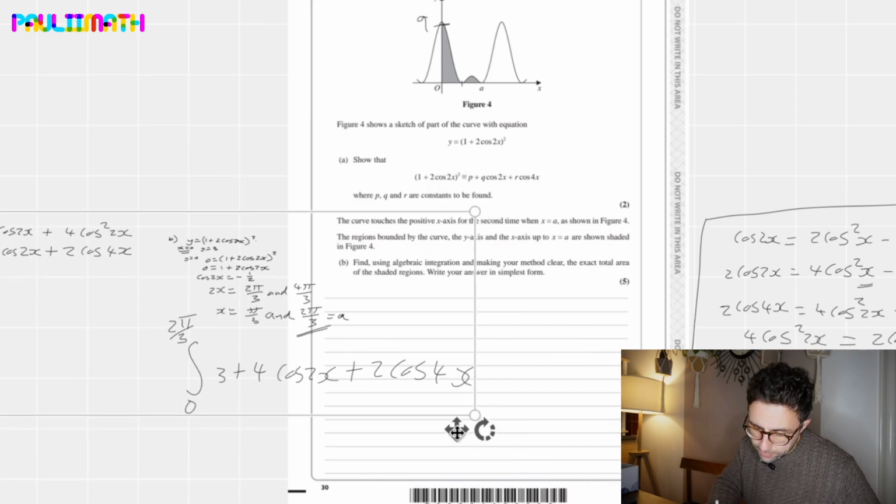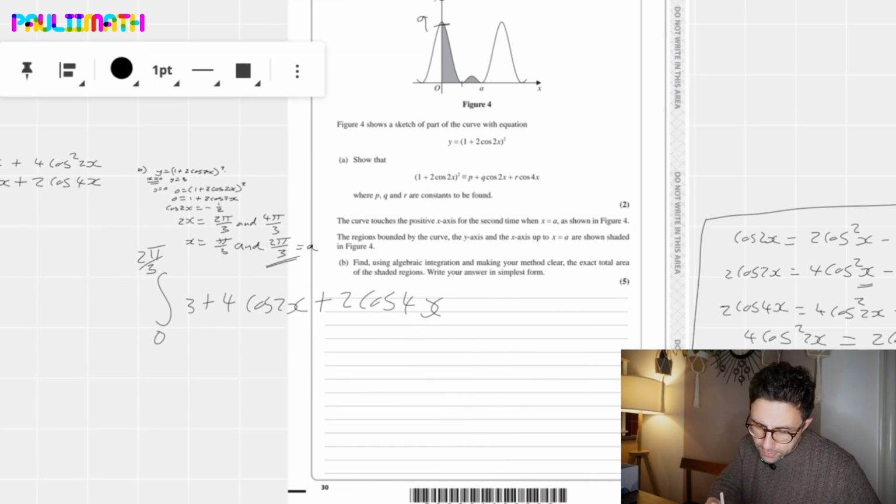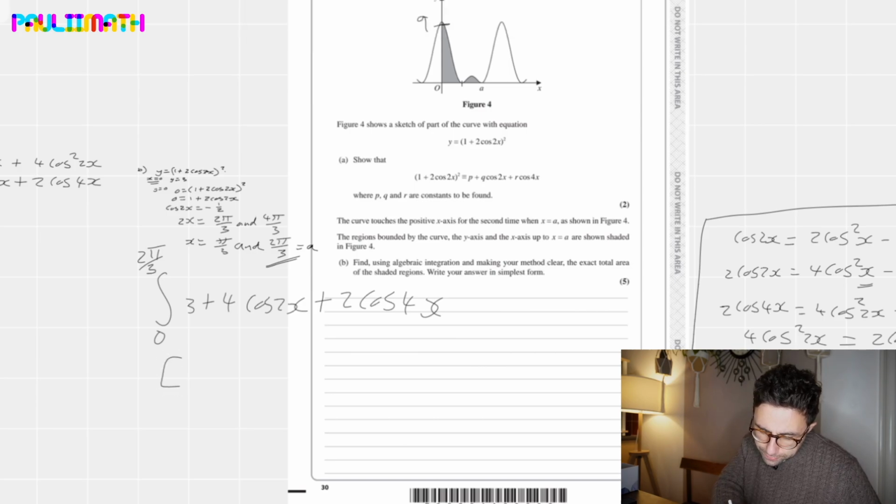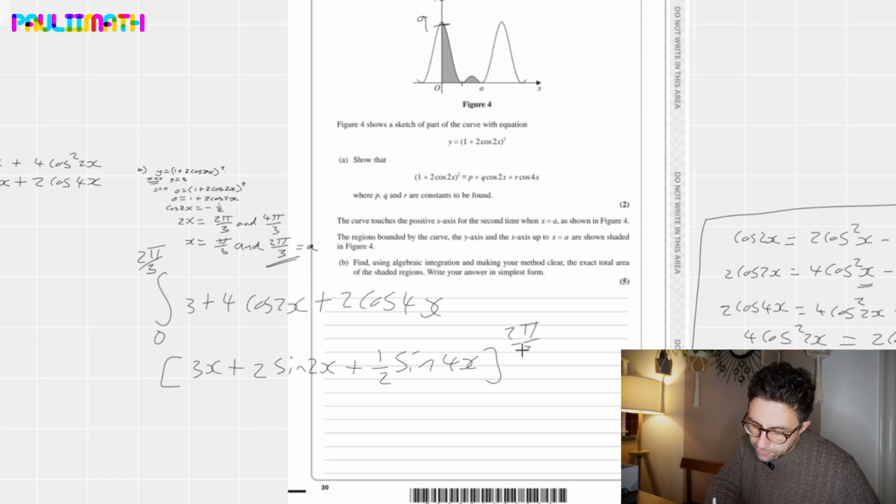Let's move this along a little bit and go for it. 3x plus the integral of that is 2 sine 2x plus 1/2 sine 4x between 2 pi over 3 and 0.